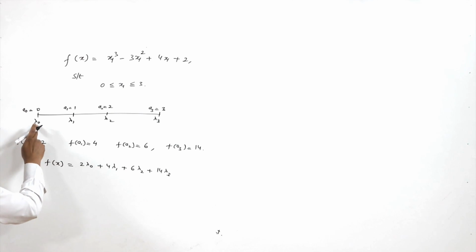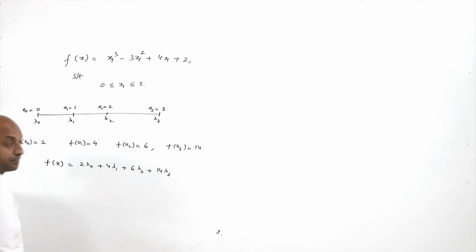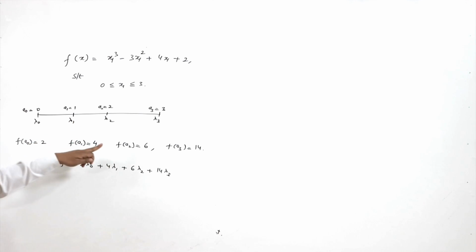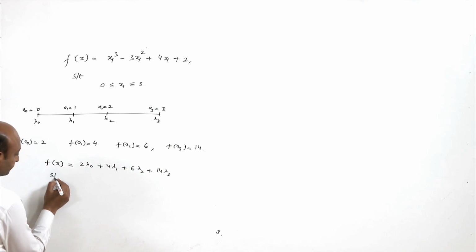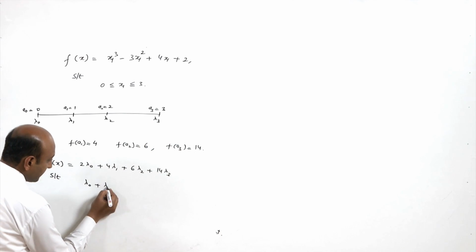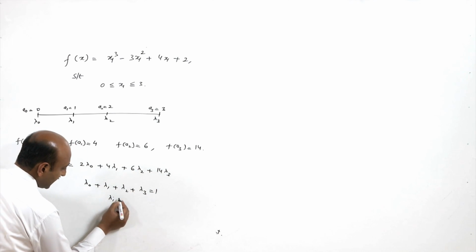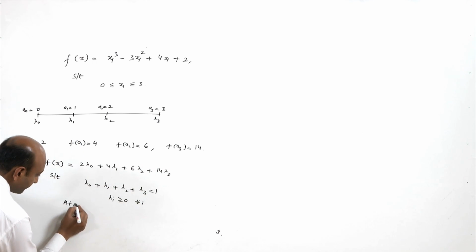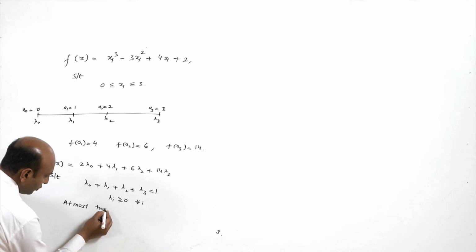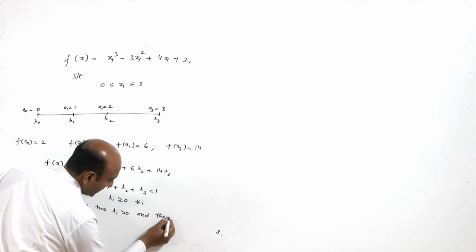It is lambda naught f(a0) plus lambda 1 f(a1) plus lambda 2 f(a2) plus lambda 3 f(a3). Subject to lambda naught plus lambda 1 plus lambda 2 plus lambda 3 must be 1. All lambda i's must be greater than or equal to 0, and at most 2 lambda i's are greater than 0 and they must be adjacent.